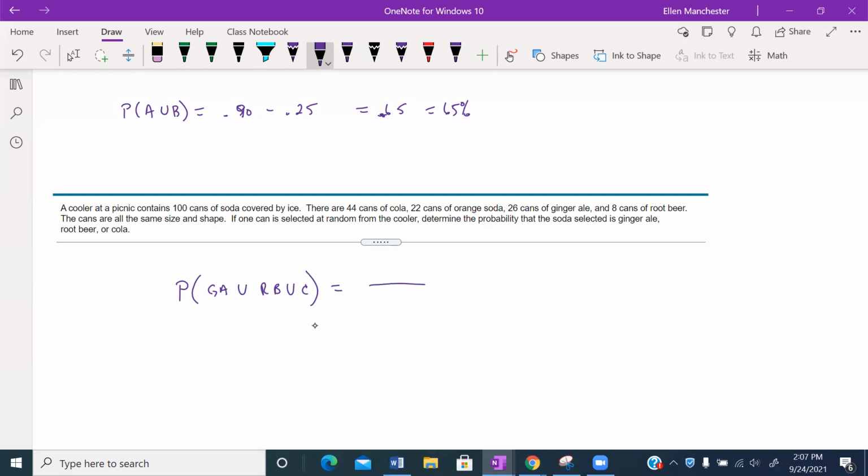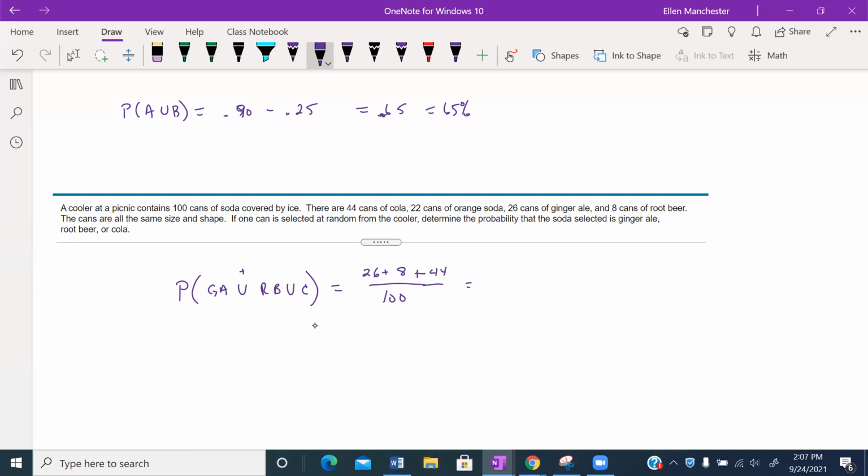So we always start with our total number of outcomes. So we have a total number of 100 cans. We have 26 cans of ginger ale. And remember, we're talking or, so this is plus, right? We have 8 cans of root beer. And Coke, we have 44 cans. Okay, so because it's or, we want this or this or this.